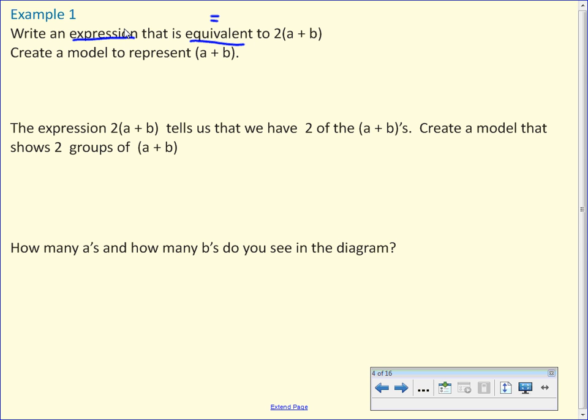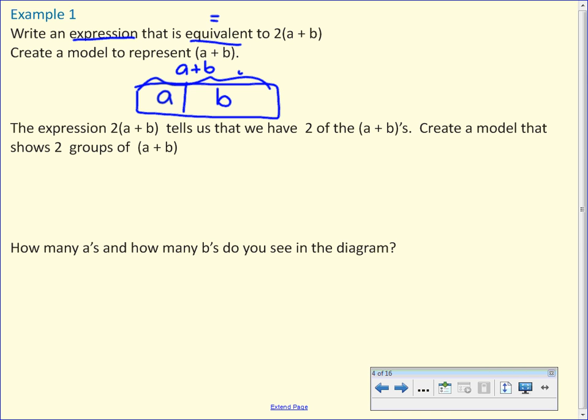But since they're different variables, they have different values. So I'm going to make sure that I draw my A and my B different sizes. A and B. So that model is A plus B. Any questions on how I drew that?